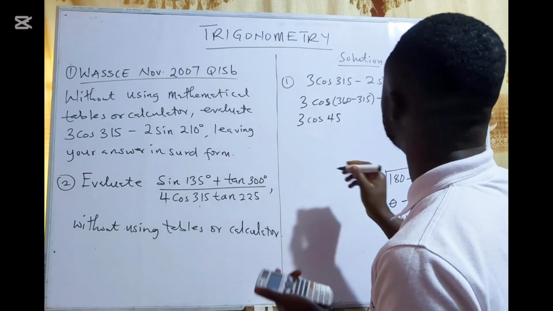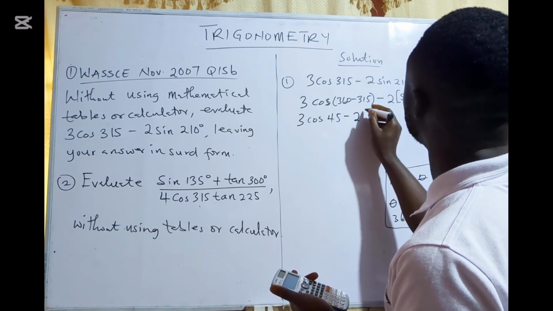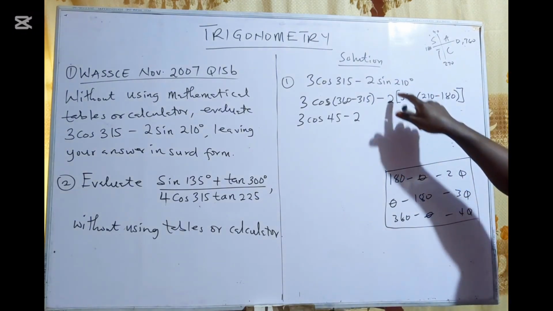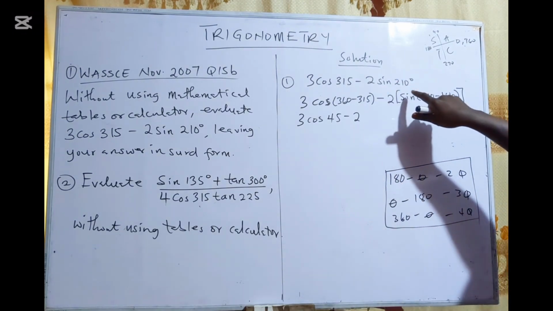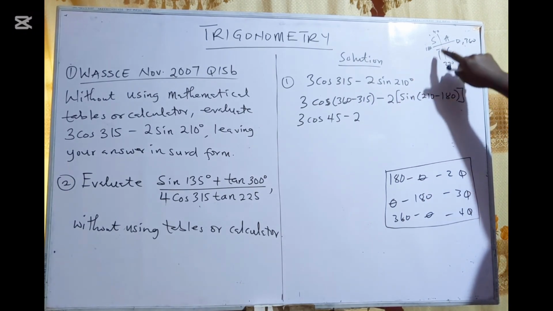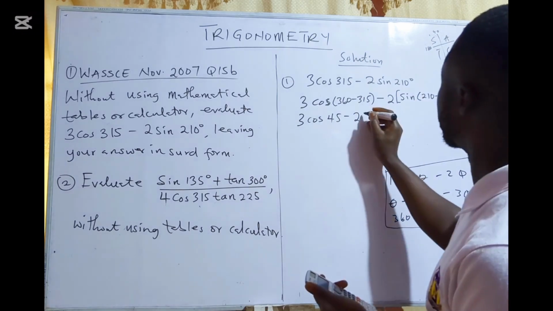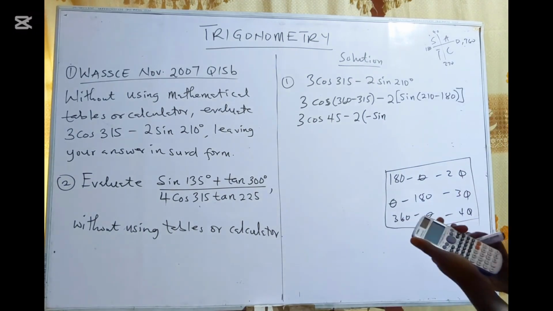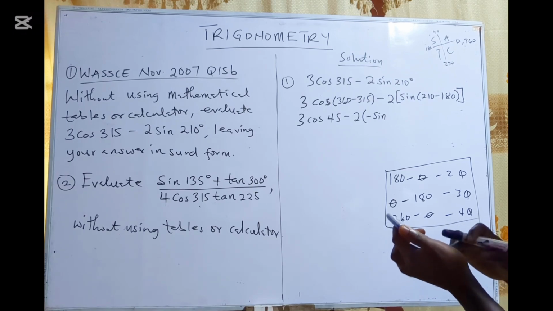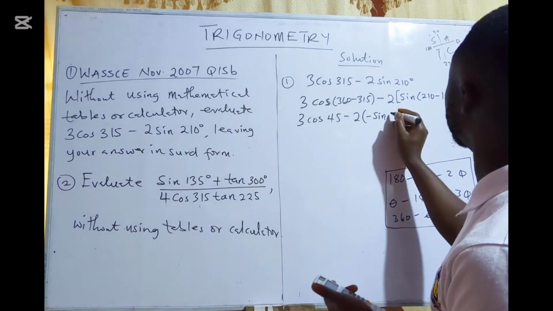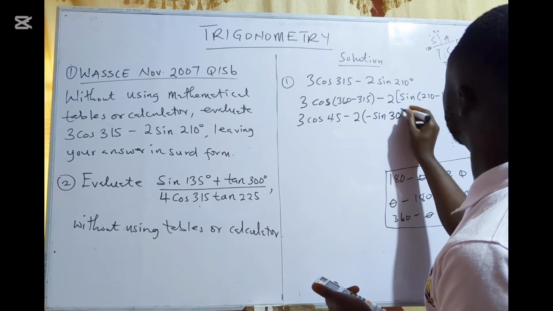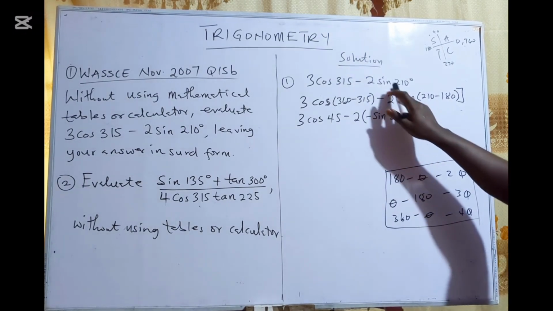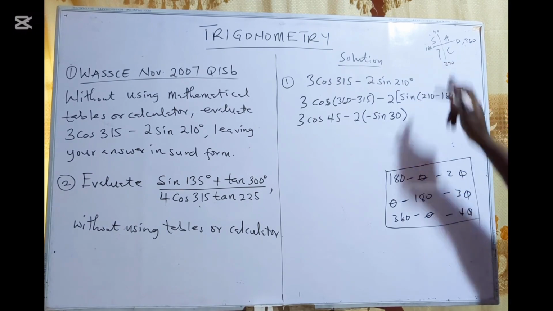So 3 cos 45 minus 2. Then sine 210: 210 is in the third quadrant, and sine is negative. So in brackets, minus sine, 210 minus 180 gives us 30. So minus sine 30, because sine is negative in the third quadrant.